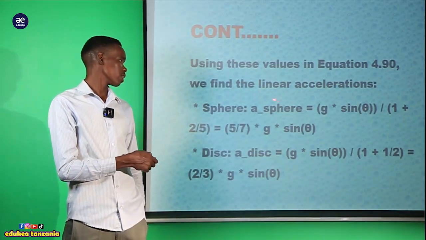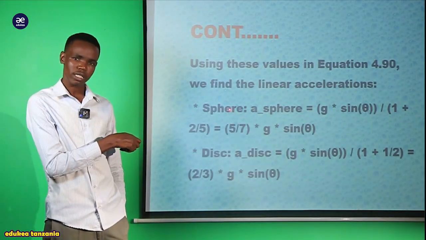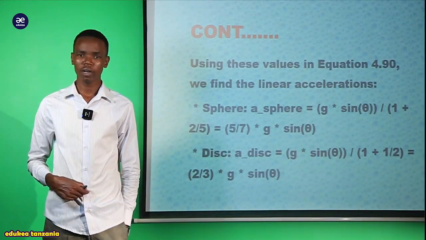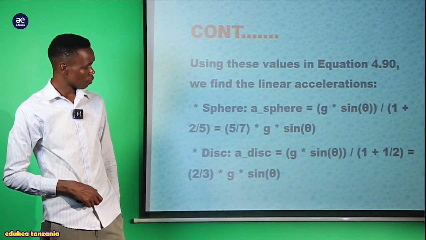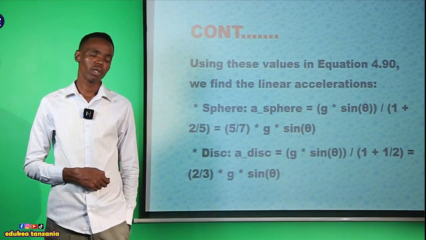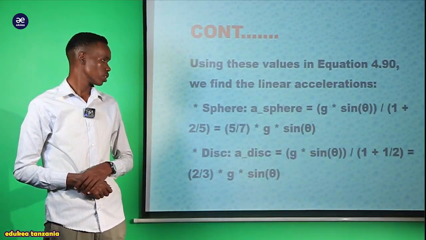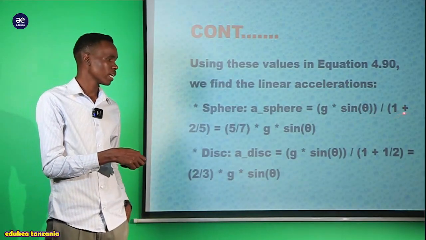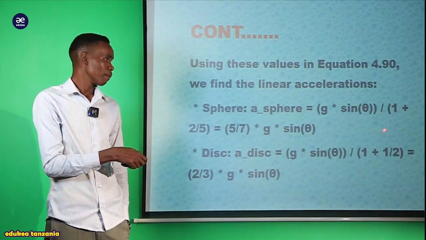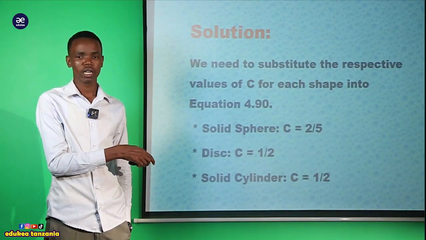and that is to say that for the sphere, let us start with the sphere to identify its linear acceleration. Now, for the sphere, my dear student, the acceleration of the sphere must be equal to g times sine theta, divided by 1 plus c, but the value of c we have, which is 2 divided by 5.